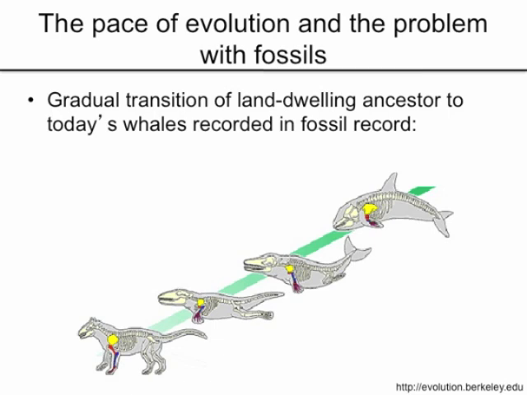And we'll talk a little more later on today about how these very complex things actually can evolve in small patches. So there is some evidence of gradual transitions in the fossil record.